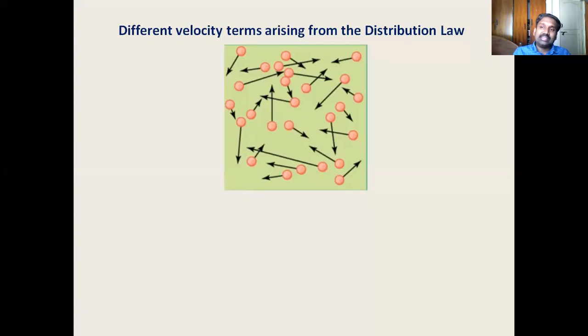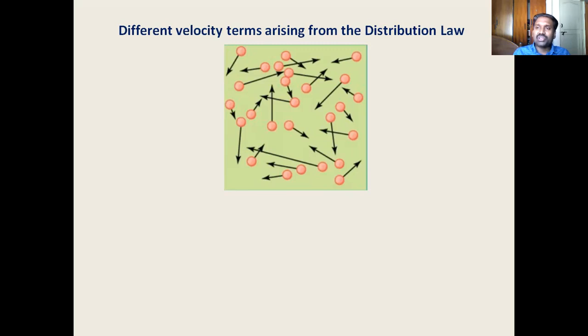To avoid the cancellation of velocities because of their signs, we have invented this mathematical trick. How to avoid a negative number? You square it. What's the square of minus 2? 4.